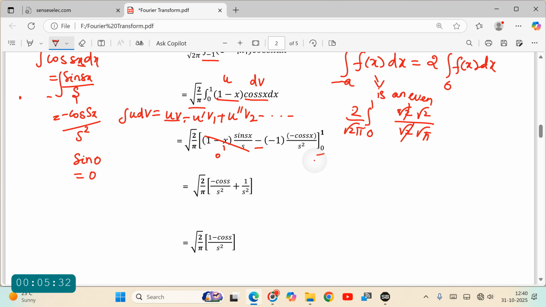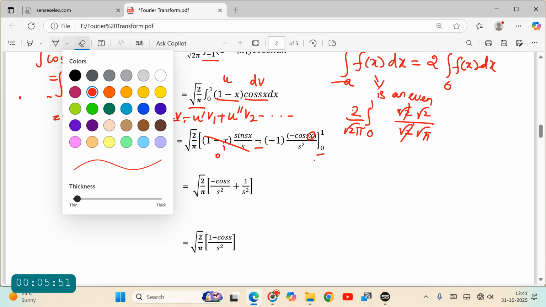So on the lower limit also, the first term tends to 0. So come to the second term. There is a minus into minus. There are 3 minuses there, so our answer is minus. Then replace x by 1. So the upper limit is cos s into 1, that is cos s.